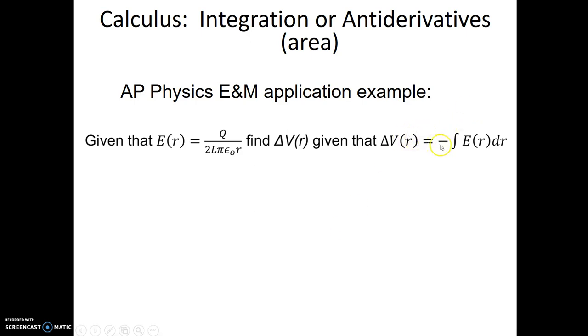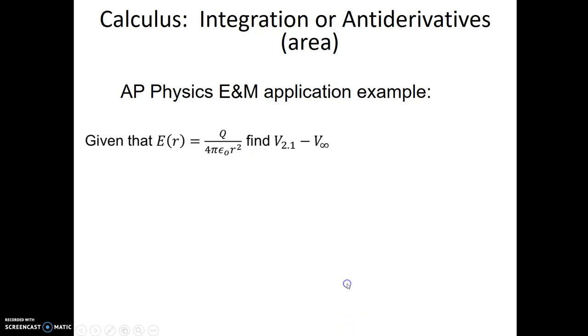We know the change in voltage would be equal to negative integral of E r dr. So I'm going to integrate that, and all of this part comes out front. And so that would just simply be negative Q over 2L pi epsilon naught, but then 1 over r, I integrate that and I get natural log of r.